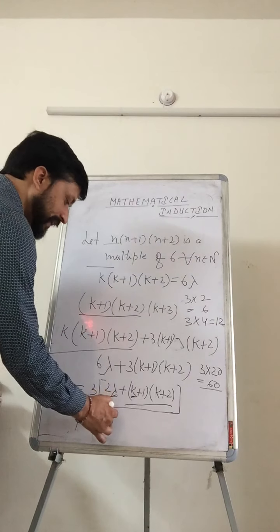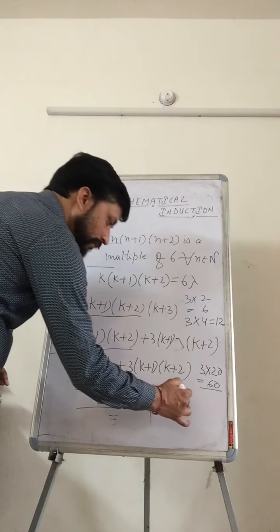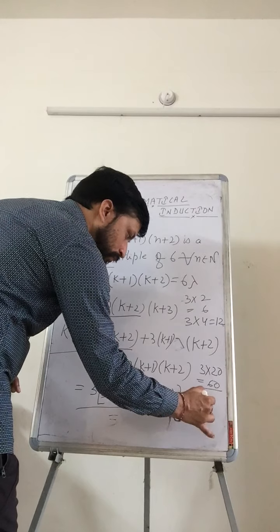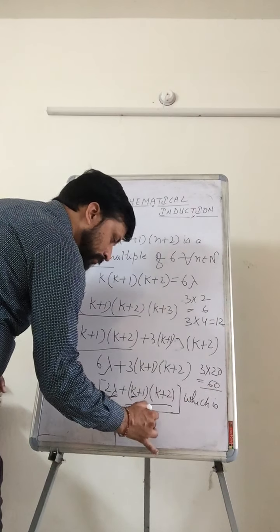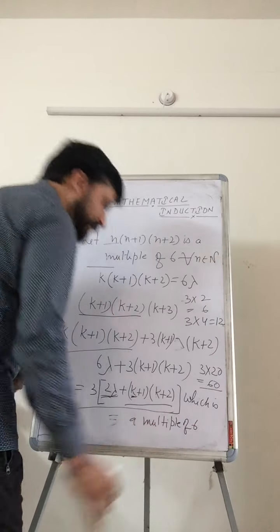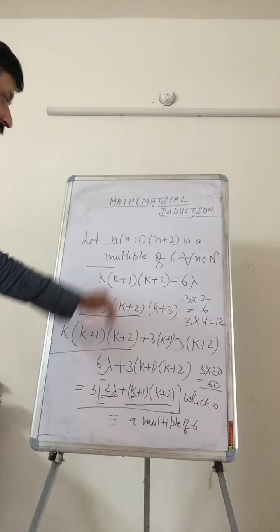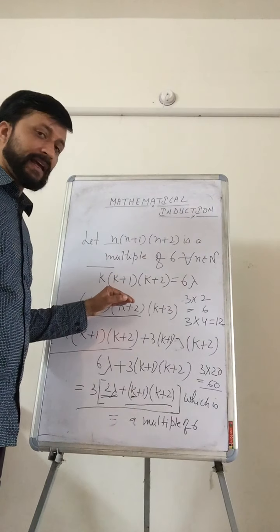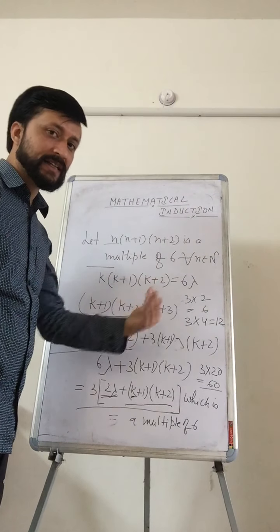So we can say that this is a multiple of 6, and this is a multiple of 6. Okay, so thus we prove that it is also true for n equal to k plus 1, that is the next natural number.